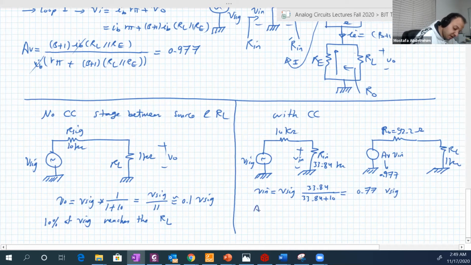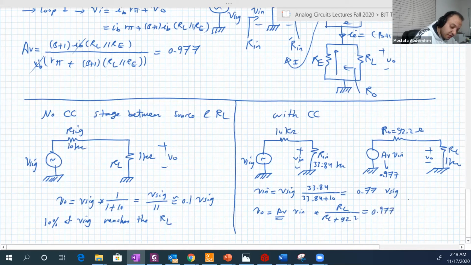So here is V output. V output is equal to AV times V input. AV is 0.977, and V input is 0.77 V signal, multiplied by R load over R load plus 92.2.